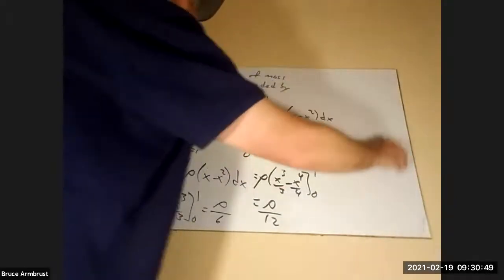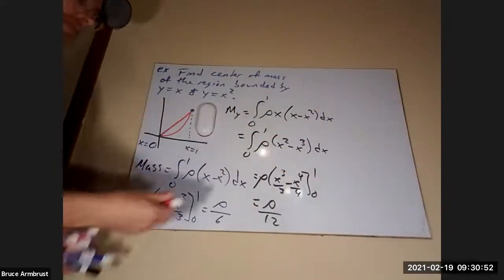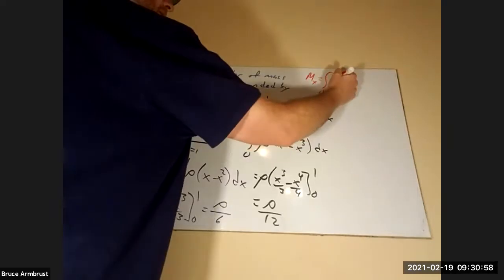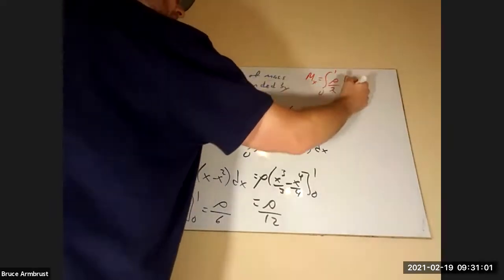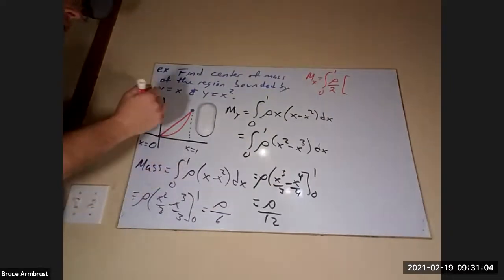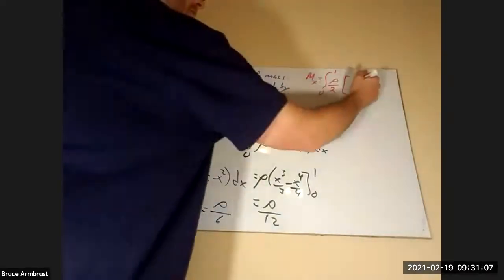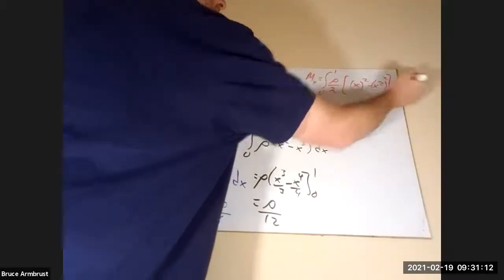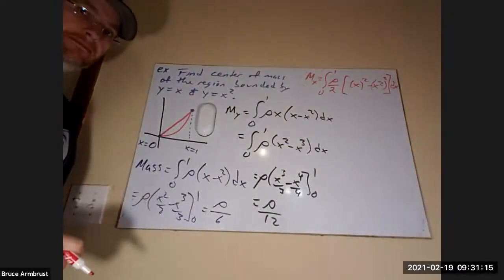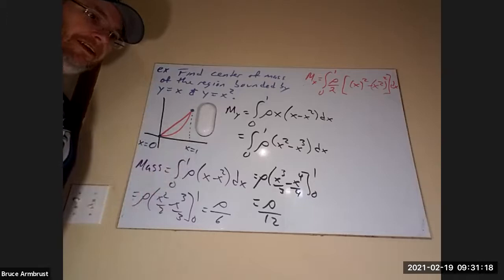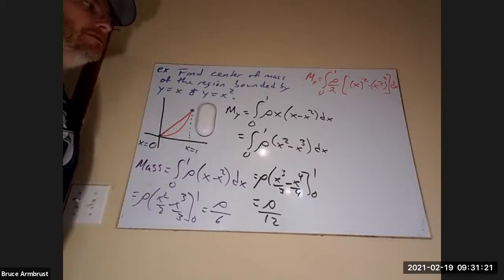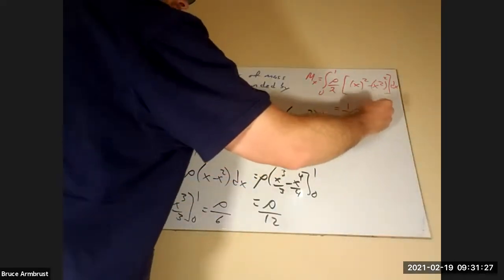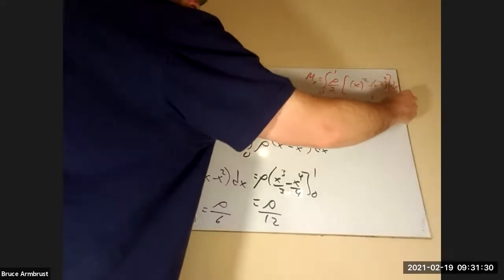All right, well, that leaves us then Mx. So Mx, the integral from 0 to 1 of 1/2 rho times the difference of squares of the two functions. So we're going to have x squared minus x squared squared. And that just came from the derivation for center of mass. Okay, so that's 1/2 rho times the integral of x squared minus x to the 4th.